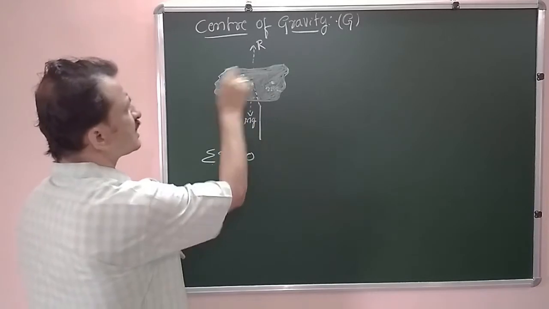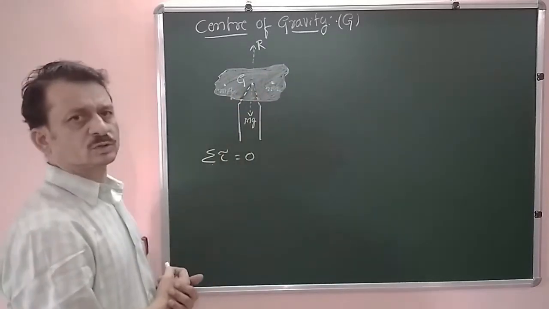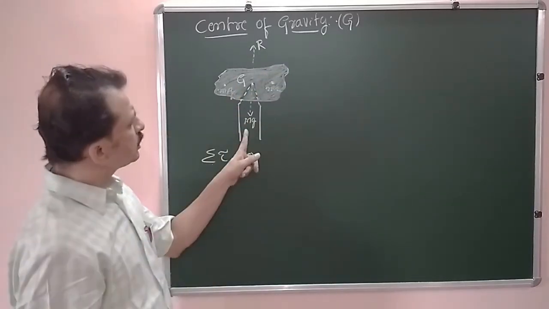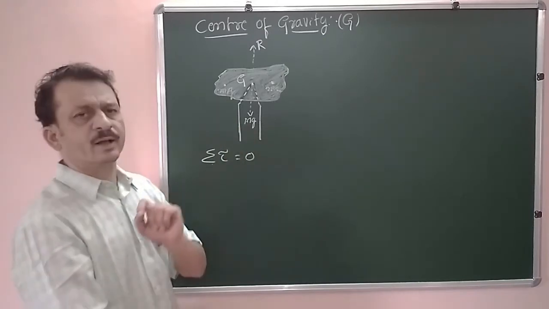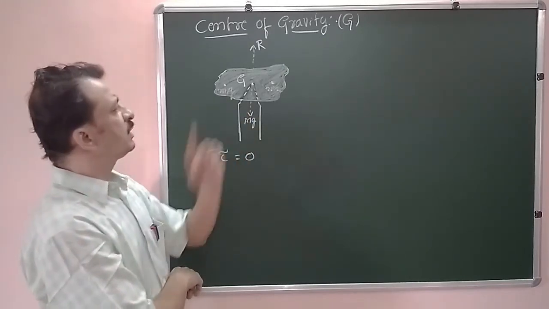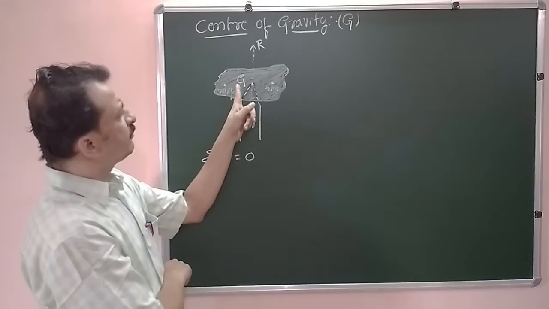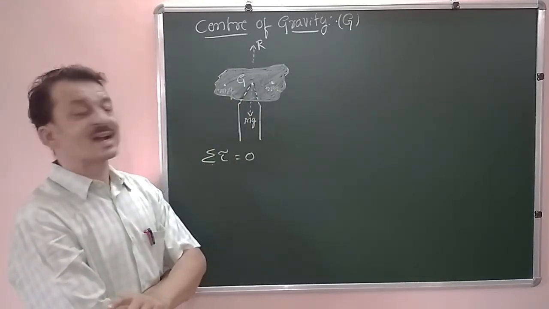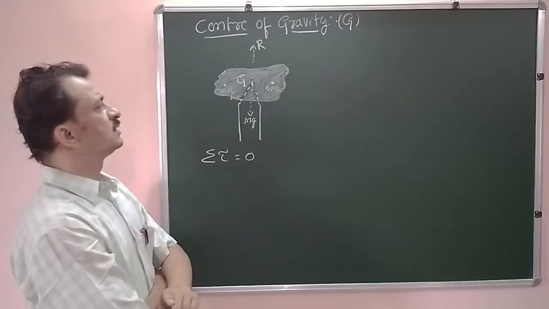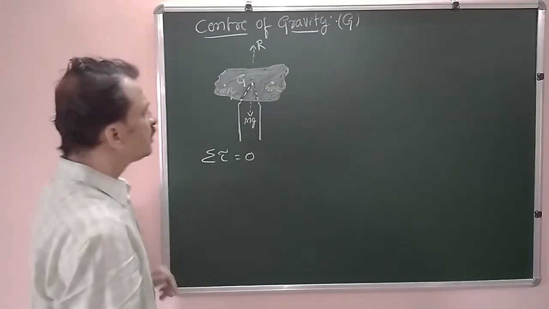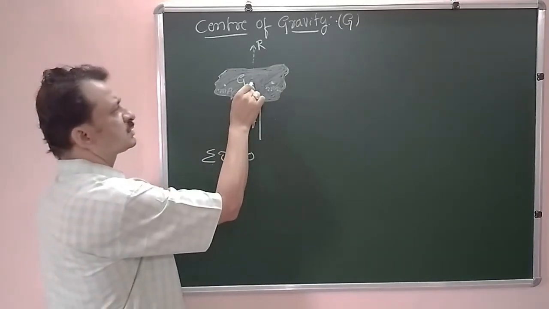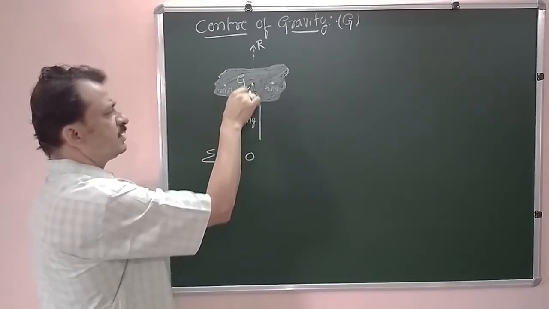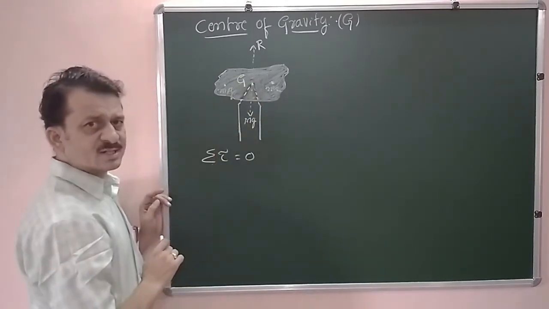Now here consider a cardboard. The cardboard is balanced by a pencil tip. If I take G as the point at which the cardboard is exactly balanced, then at this position the entire mass and its weight is acting downwards.